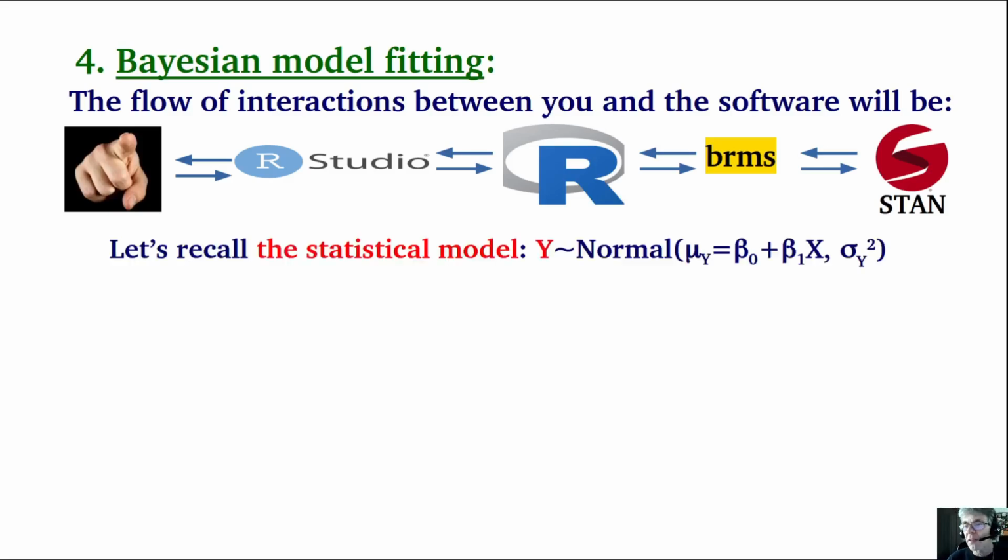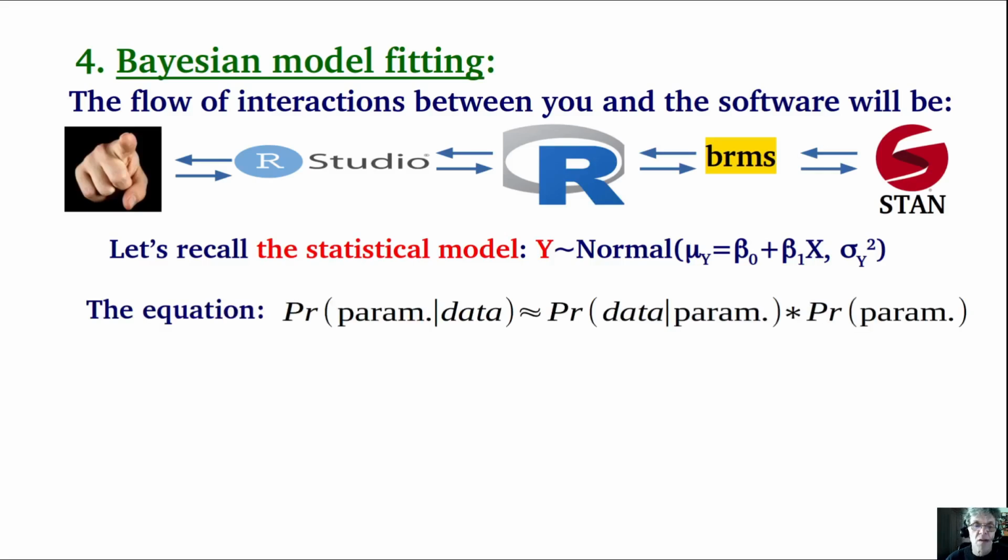So let's recall the statistical model that we have mentioned already several times, with the response variable having a normal distribution with a mean that is linearly related with the explanatory variable x, and variance. The fundamental equation of Bayesian parameter estimation is repeated here again on the screen.